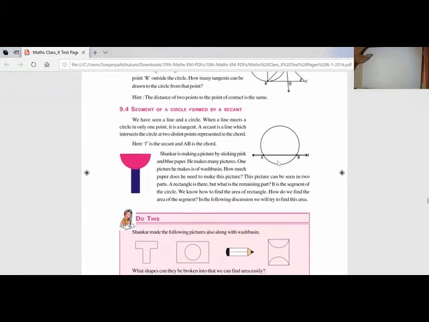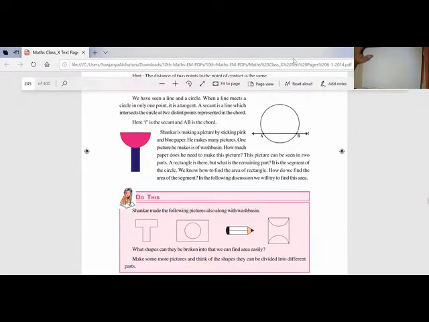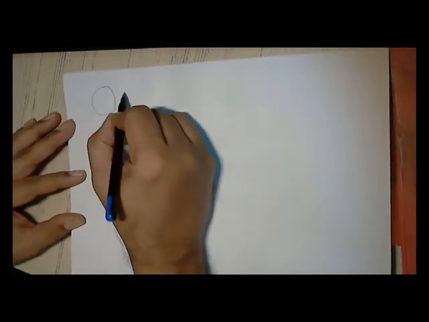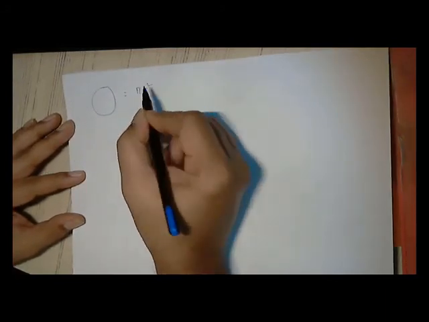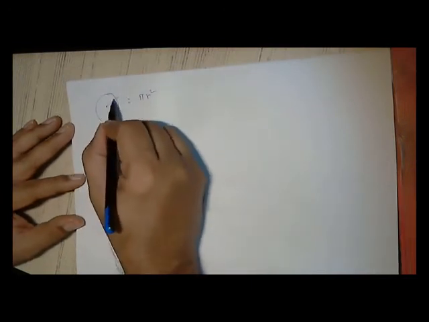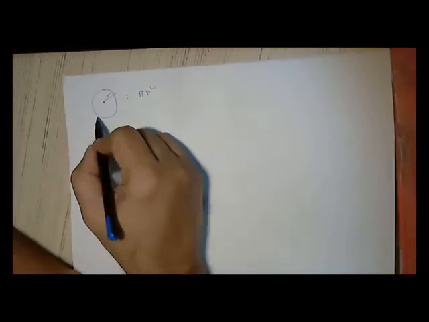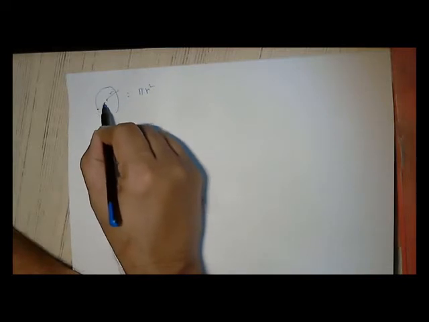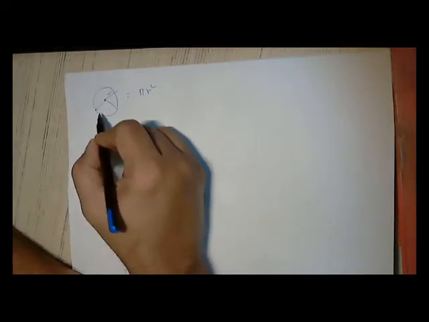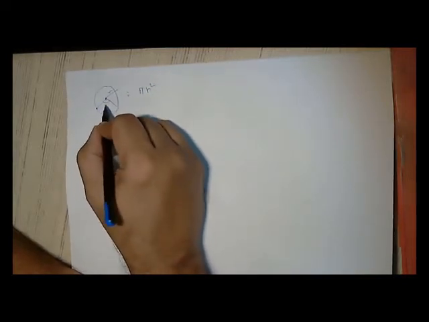Let us see how to understand this. Let's say this is a circle. What is the area of a circle? Pi r square, where this is r. Now, let us take a segment here. I have taken a segment of, say, pi by 2.